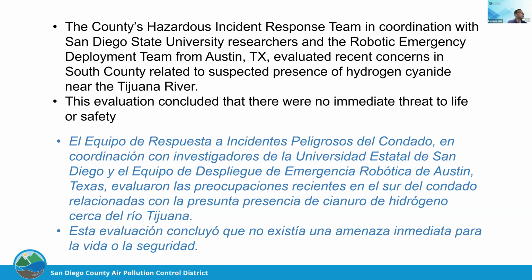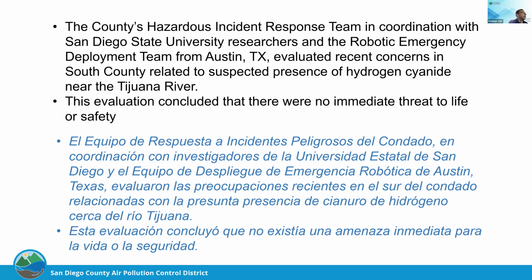We would also like to highlight information out there in different news outlets. You might have heard reporting that a group of researchers from San Diego State University and UCSD reported finding elevated levels of hydrogen cyanide, which is a chemical compound that could be lethal in high quantities.